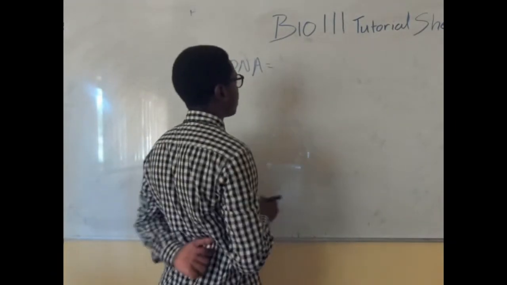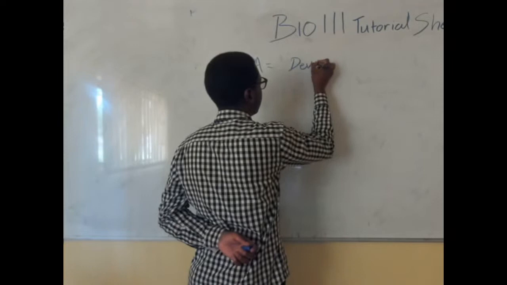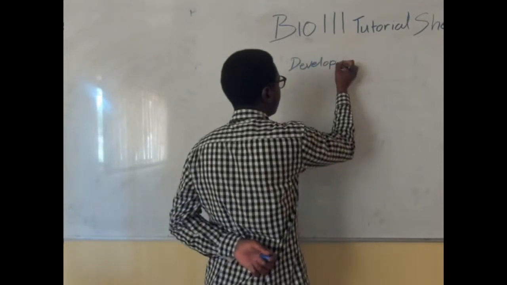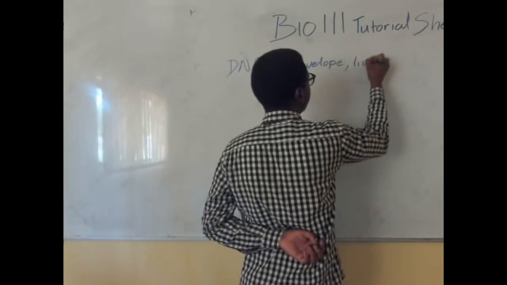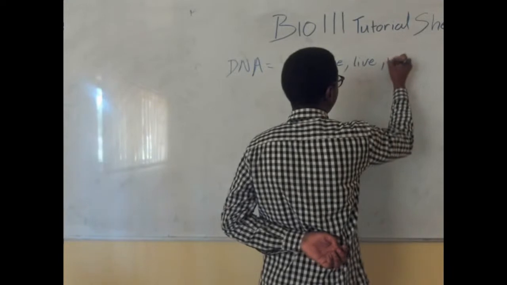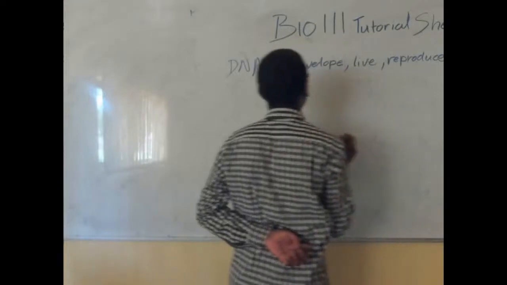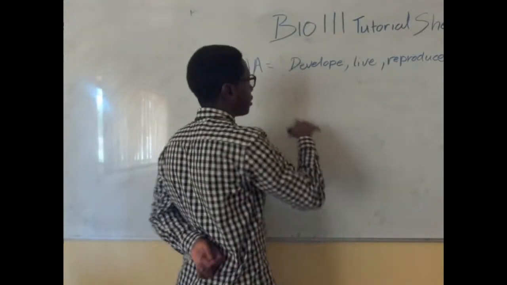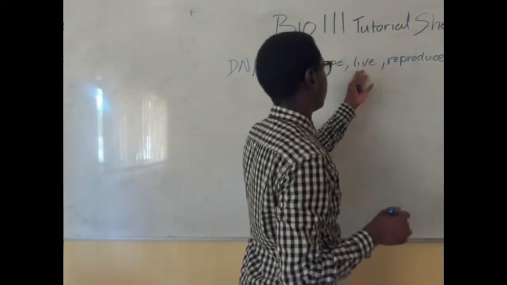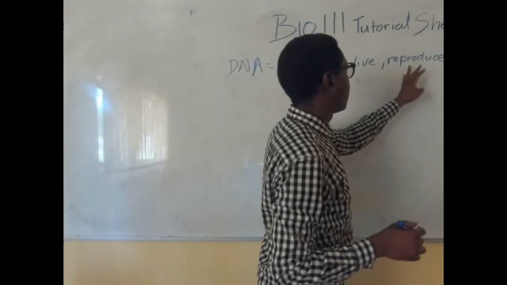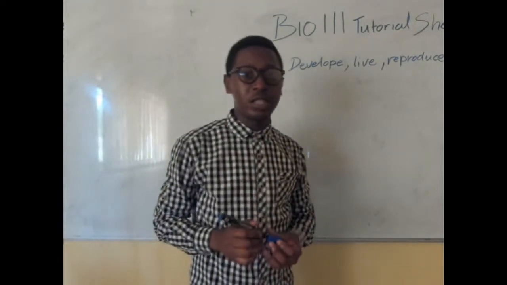That's information that's required for an organism to develop, live, and also reproduce. So it carries the genetic information, which is information that dictates development and growth and reproduction. So each cell in the body contains the genetic material.